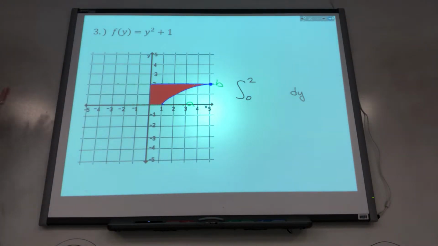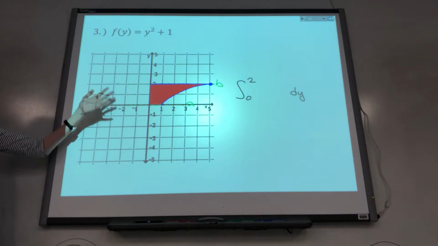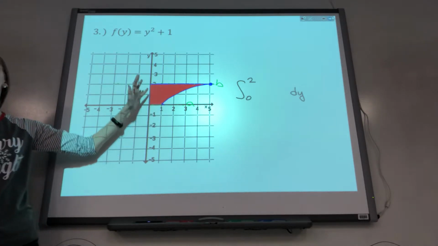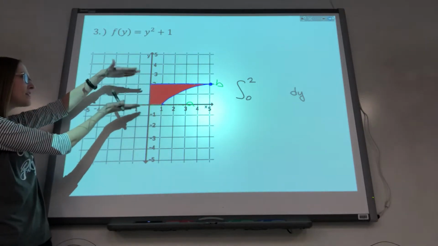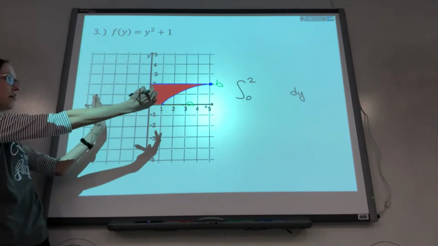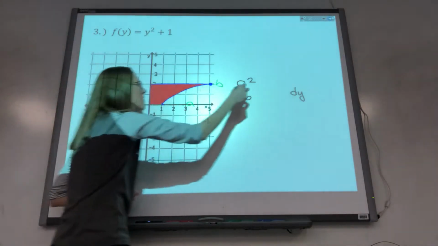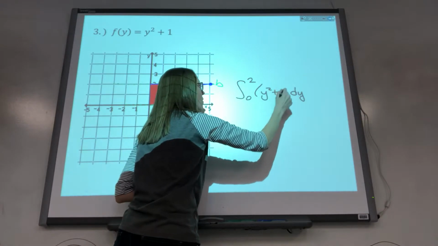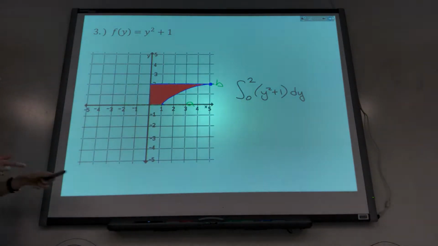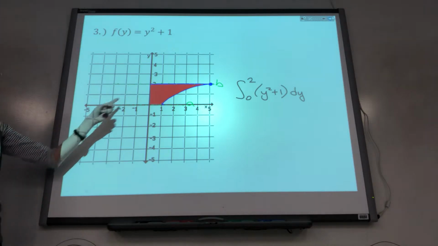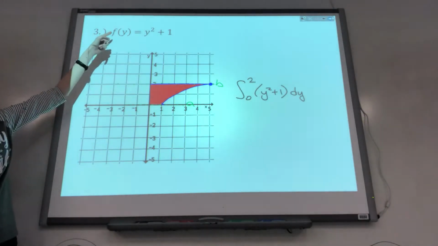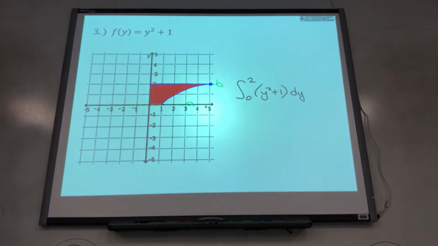The only mistake I see on stuff like this is, again, using x's instead of y's. If you integrate with respect to y, you're looking this way instead of that way. Now, the function itself can go right in there. Again, I probably would put parentheses around that just to keep it all together. So that's really the only thing you have to look out for. When you set it up, pay close attention to whether it's in terms of x or y.